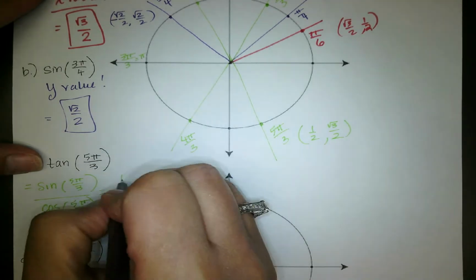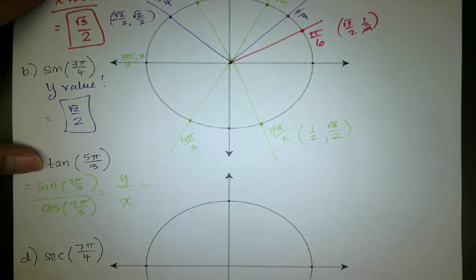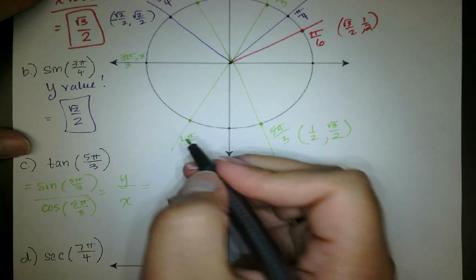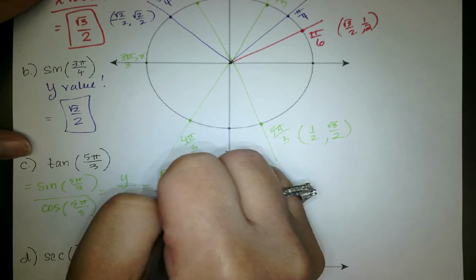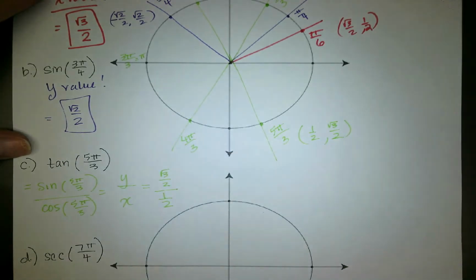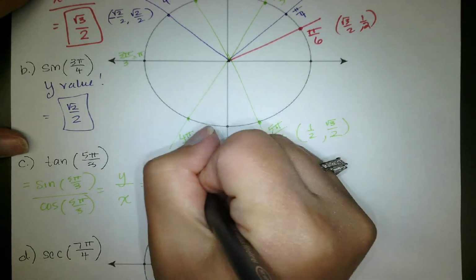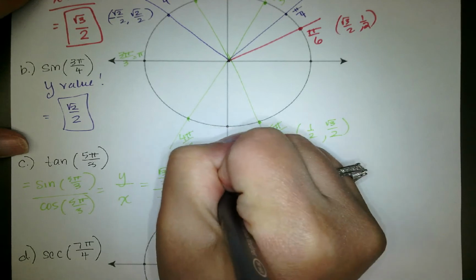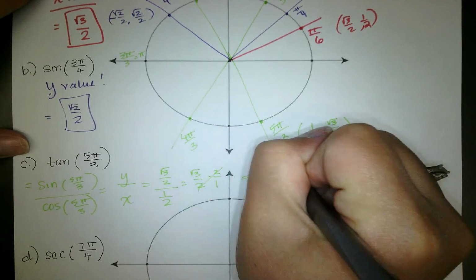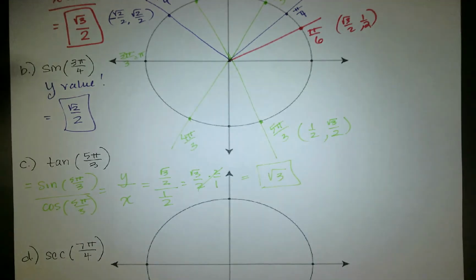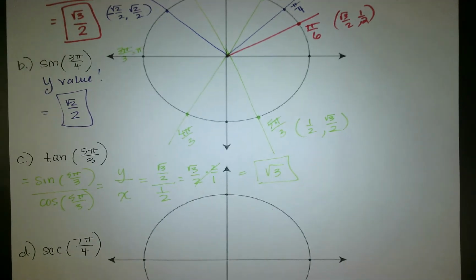So that's the y value over the x value. The y is square root of 3 over 2 over x value is 1/2. Multiply by the flip. Square root of 3 over 2 times 2 over 1 equals square root of 3. There is tangent of 5 pi over 3.